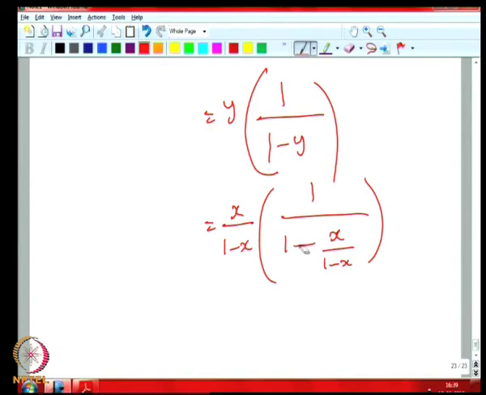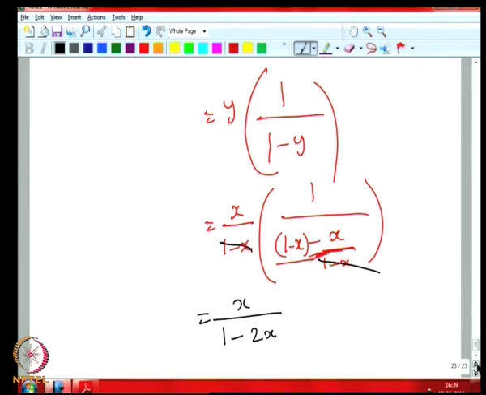So, here we can do 1 minus x minus, so this will become the same, and now this can cancel off with this, right. So, this will become x by 1 minus 2x, this is the answer.